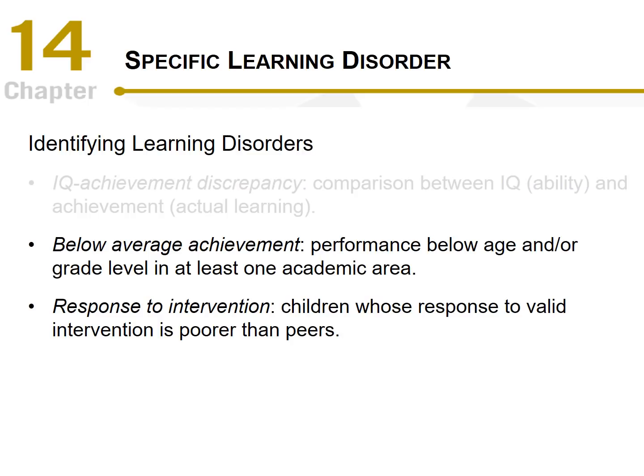The last is what we call response to intervention, okay? And so this is, again, kind of back to that. Let's identify children who may be at risk. Let's provide some intervention, okay? And if they don't respond, then that's where we may consider this to be a learning disorder, okay? And so that sounds good, right? And I like that it provides some intervention early. The concerns are, what are valid interventions that we can use?